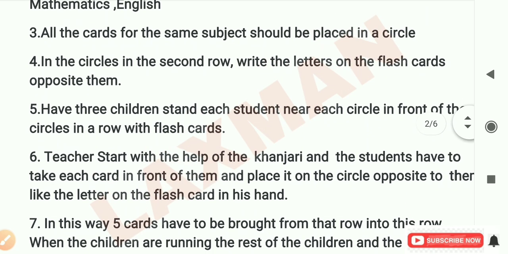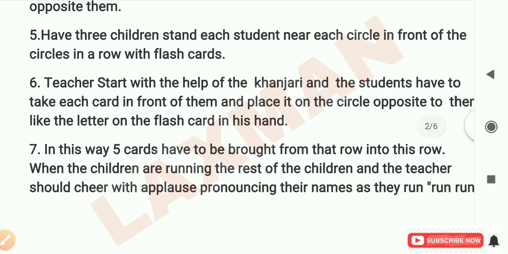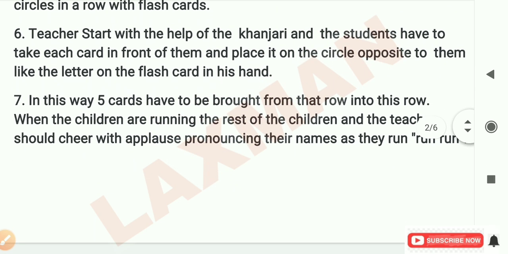Have 3 children stand, each student near each circle in front of the circles in a row with flashcards. The teacher starts with the help of the Khanjari, and the students have to take each card in front of them and place it on the circle opposite to them, like the letter on the flashcard in his hand. In this way, 5 cards have to be brought from that row into this row.